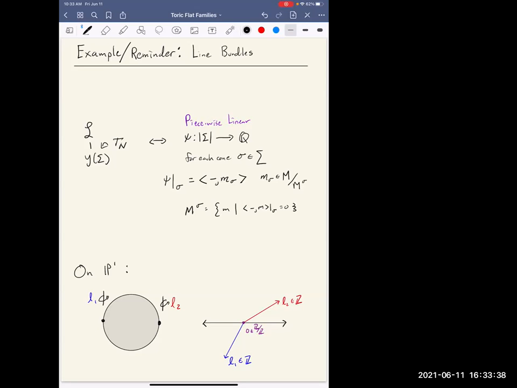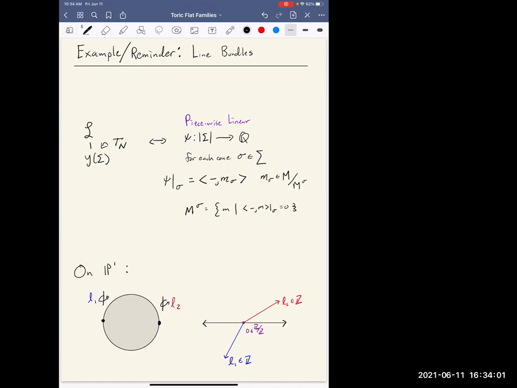And by that I mean a function whose restriction to each face of the fan is some linear function. And this linear function in some sense captures the structure of the representation of the stabilizer of the corresponding torus orbit on the line that lives above that orbit.